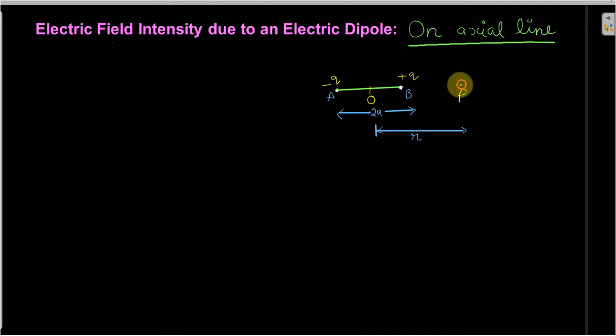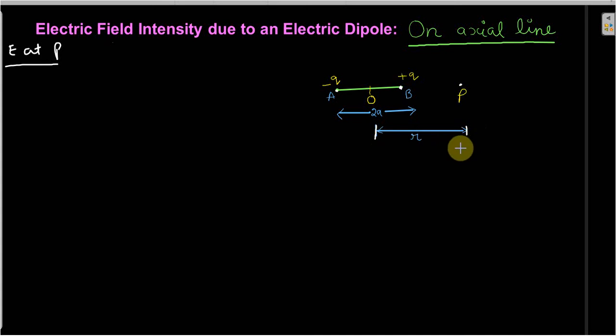Here is the point P where we want to find the electric field intensity E. The distance of this point P from the center of the dipole is r.